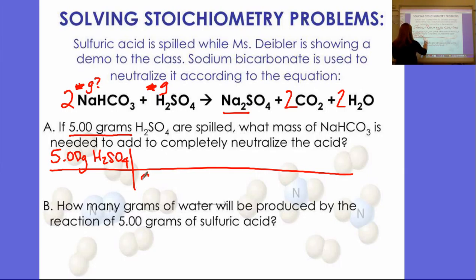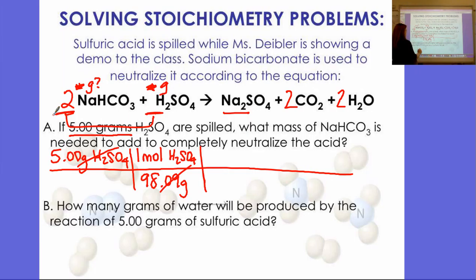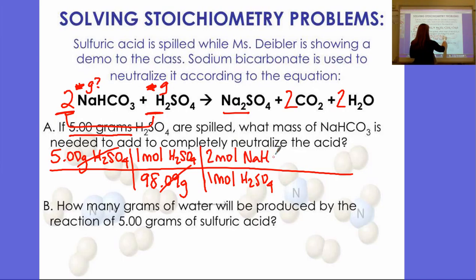H2SO4, the mass is, if you calculate it, 98.09 grams in 1 mole of H2SO4. My ratio this time is 1:2. 1 mole H2SO4 gives me 2 moles of NaHCO3.